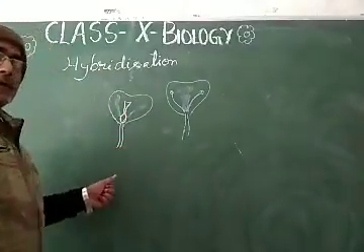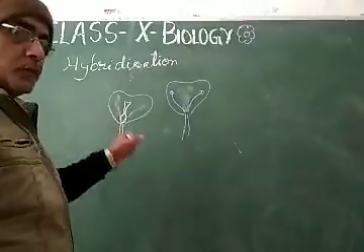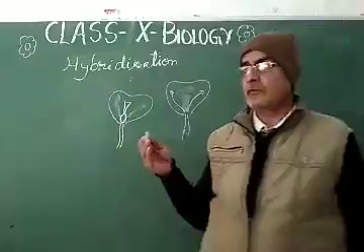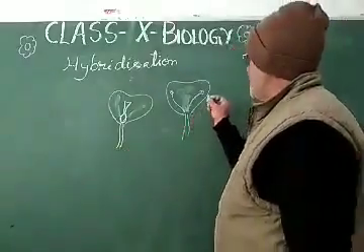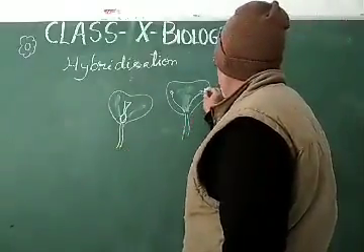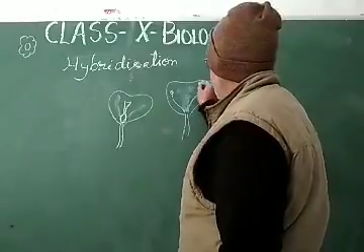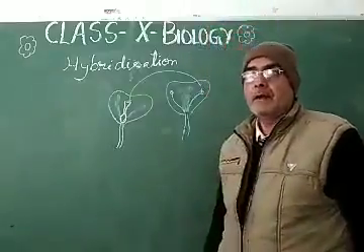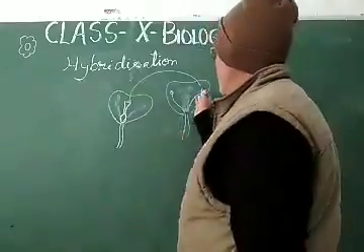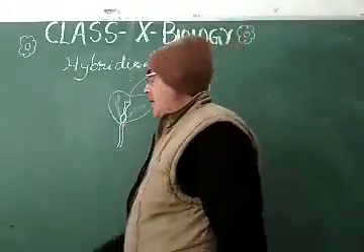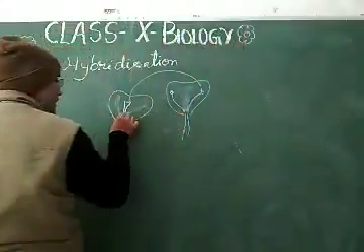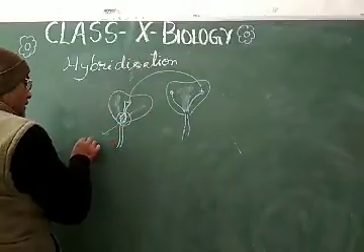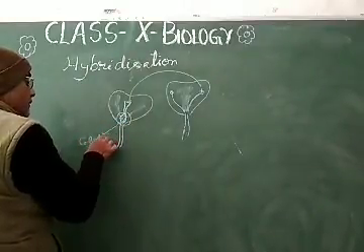So androecium and gynoecium both get removed from the neighboring flowers, so that artificial cross hybridization takes place. The pollen grain goes to the stigma of another flower, and by this process seed gets developed, stored and collected.